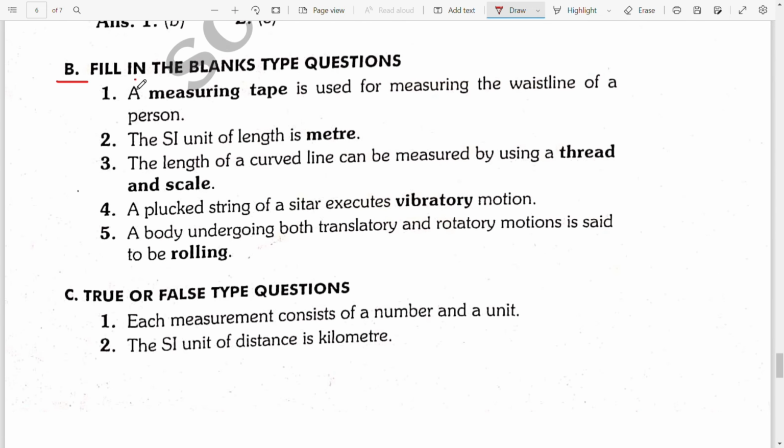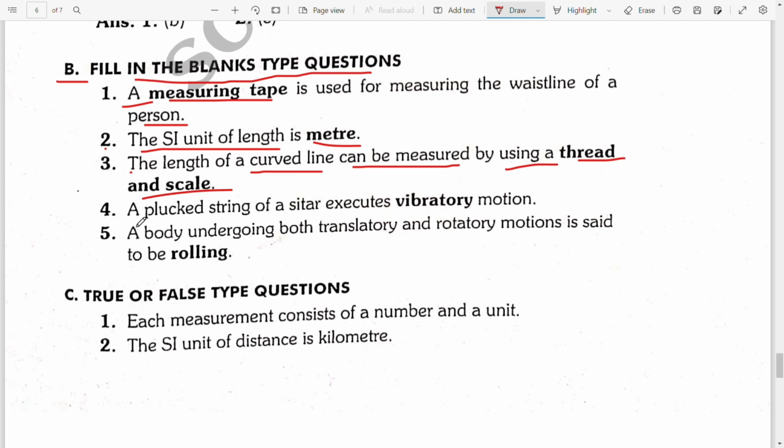Question B, fill in the blank type question. A dash is used for measuring the waistline of a person, a measuring tape. Second, the SI unit of length is meter. Third, the length of a curved line can be measured by using a thread and a scale.